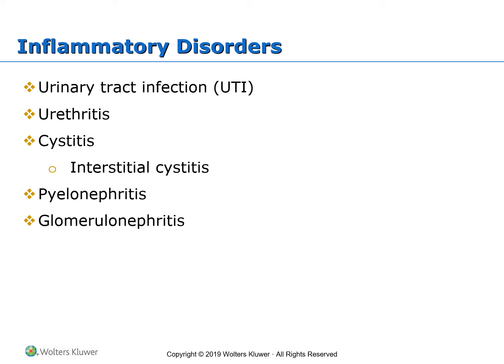The risk factors for that are urinary stasis, those who are not emptying their bladder efficiently or completely, and the backflow, which is the reflux from the bladder towards the kidney.